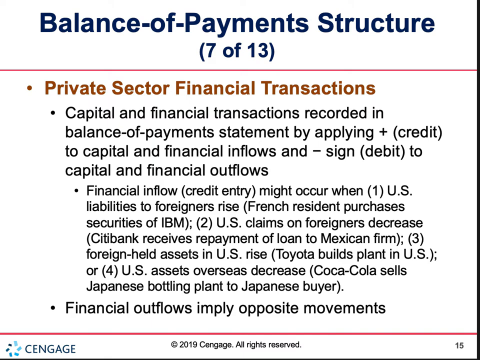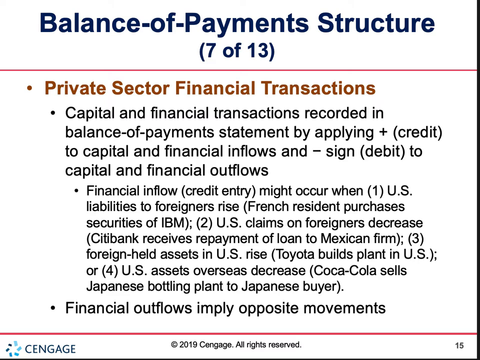So let's just go over a little example. For the United States, a financial inflow might occur under the following circumstances. If a French resident purchases securities of IBM, so if someone from France decides to buy or hold some of the debt from IBM, that would count as a financial inflow.